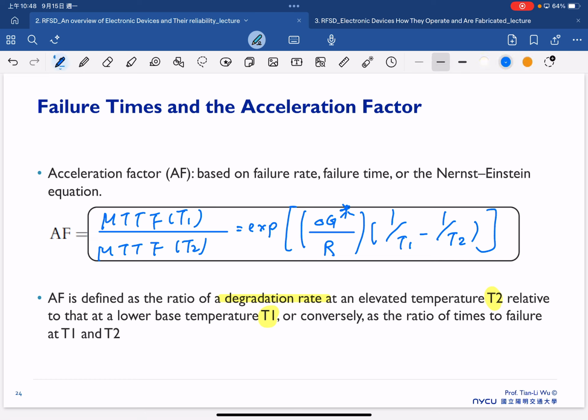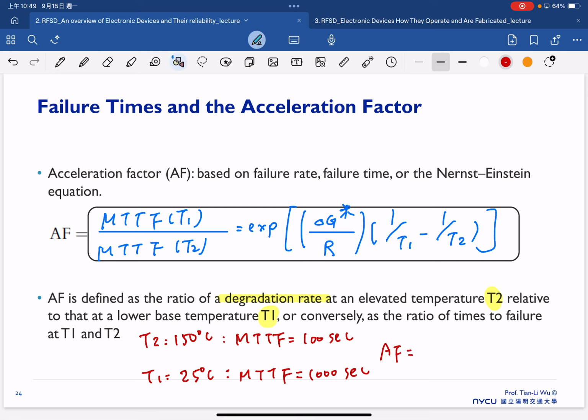For example, if T2 is 150 Celsius and we test the product where the MTTF is equal to 100 seconds, and then we test at 25 Celsius and the MTTF is 1000 seconds, therefore the acceleration factor is equal to 1000 over 100, which is equal to 10.